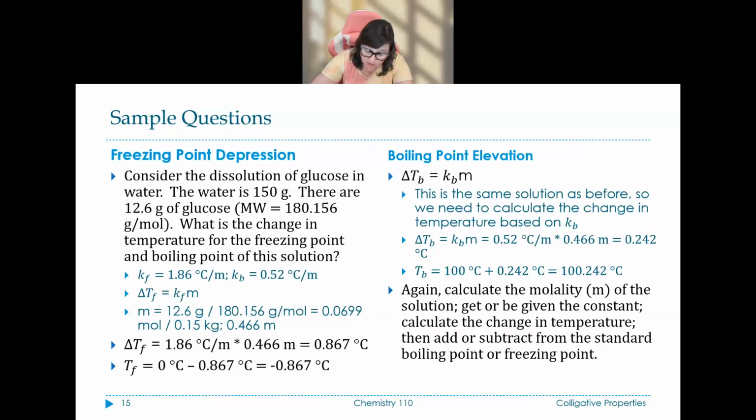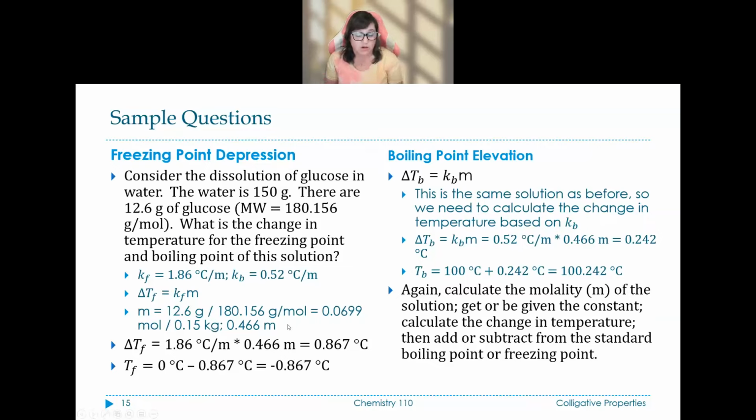So moles of solute, I need to take the 12.6 grams of glucose. I divide that by the molecular weight, 180.156 grams per mole. Okay. And then I get 0.0699 moles divided by the 0.15 kilograms. Okay. So 150 grams is 0.15 kilograms. When I do that division, I get 0.466.